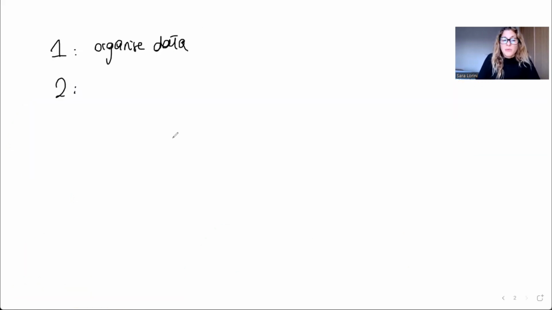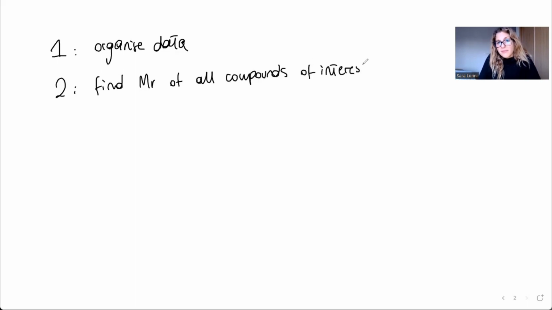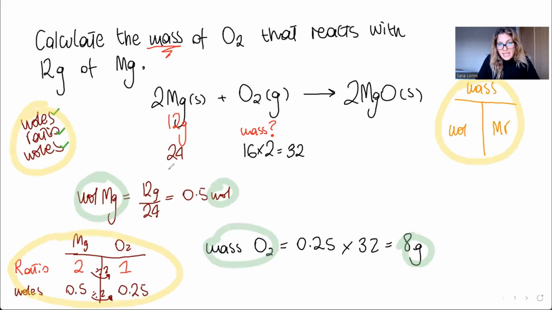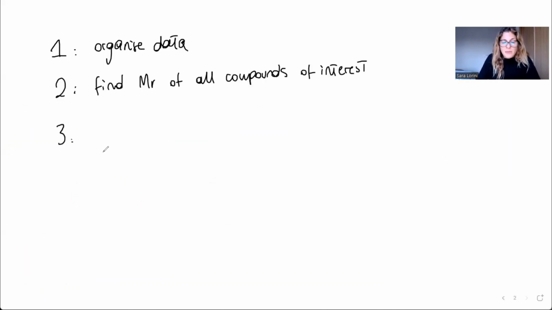The second step is to find the Mr of all compounds of interest. What I mean is, get the Mr down of the things that we need to calculate. For example, magnesium and oxygen, have it down. Then, okay, we can finally get into the calculations. Well, we can actually write the equation and the steps.